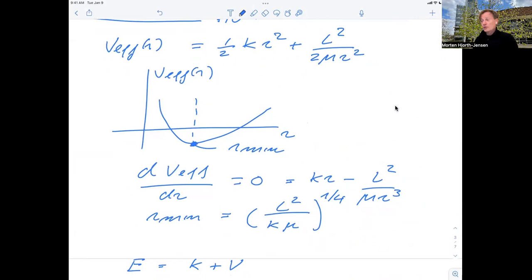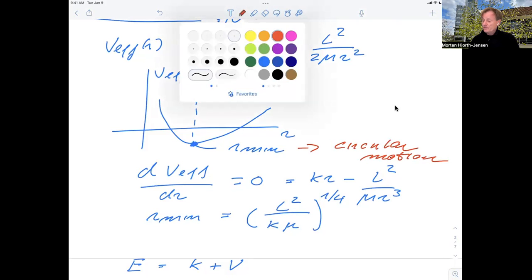And due to the conservation of angular momentum, we also have a constant angular velocity. So at the minimum here, the motion is going to be a circular motion. And that's a pretty interesting observation.